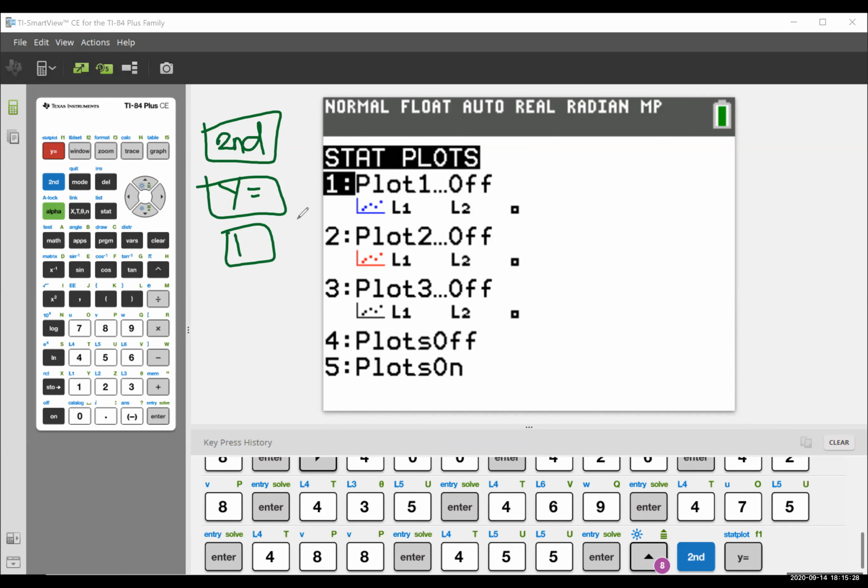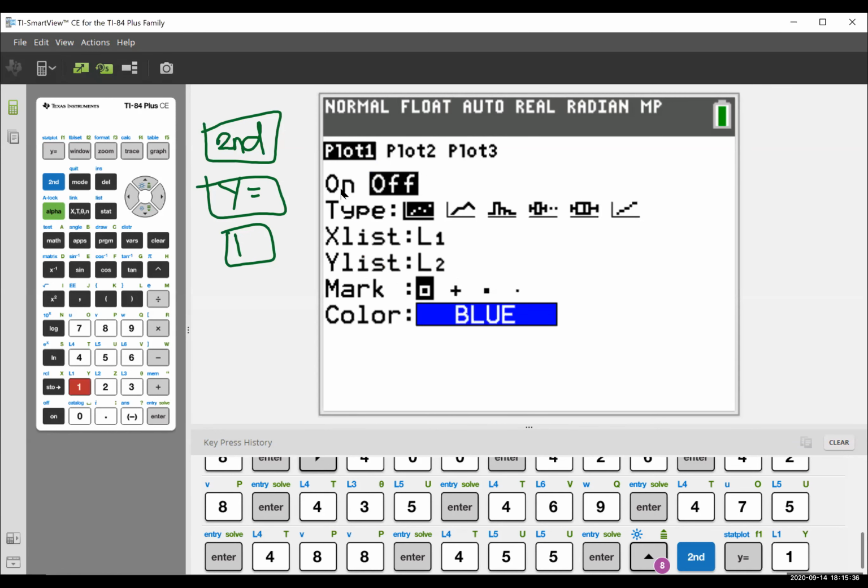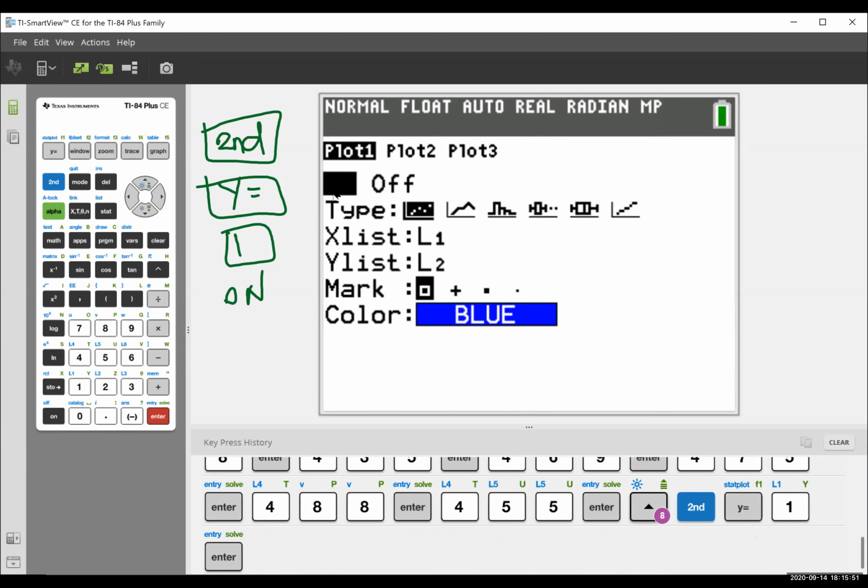So that's the first one. And then make sure to highlight On. Just press enter to highlight On.